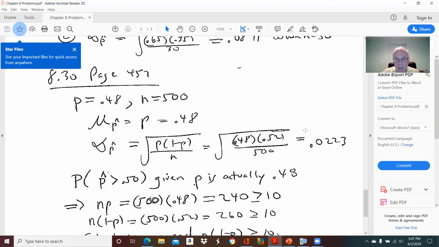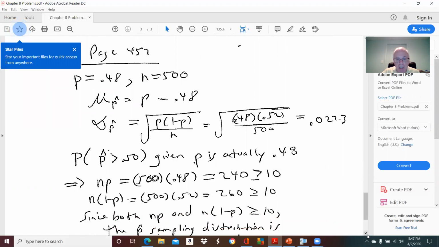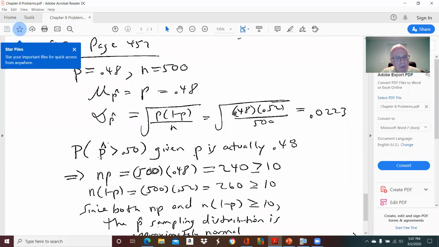I just estimated it. Again, this is the formula right there with the square root. So what we want to know is the probability that p hat will be greater than 0.5. That's the probability of the person winning, given that the true proportion is 0.48.